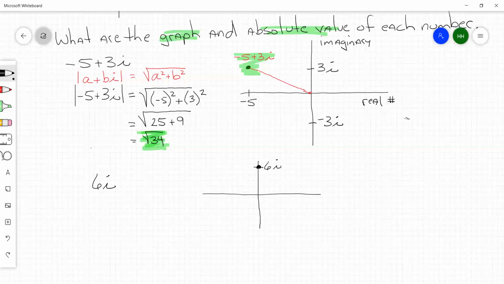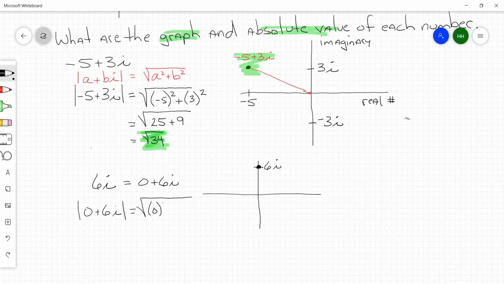So now we got to find the absolute value of 6i. Now, look, 6i is the same as 0 plus 6i. And we're going to use that to find the absolute value of 6i. So we're really finding the absolute value of 0 plus 6i. The absolute value of 0 plus 6i is the square root of your A value, which is 0, plus your B value, which in this case is the 6.